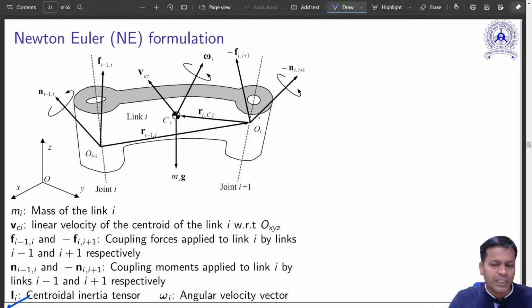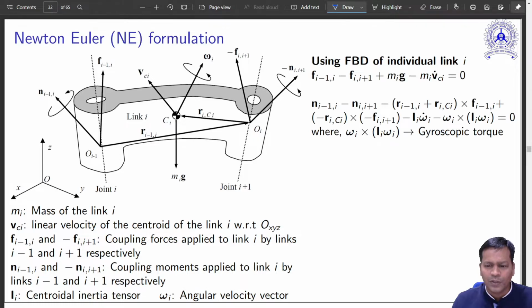That makes it very easy, but that is also a shortcoming if I want to know the interaction force between two links. We never come to know the interaction forces between two links if we solve using the Lagrange-Euler formulation. But in Newton-Euler, that force is also calculated and we get to know it as well. That helps me in doing some other analysis, if not just the equation of motion.